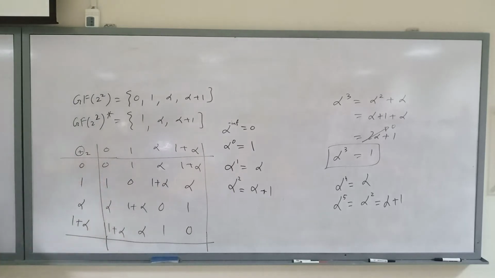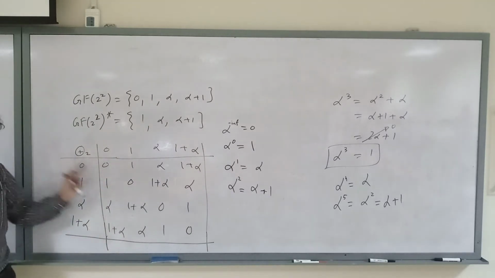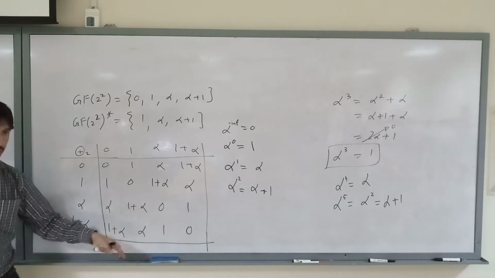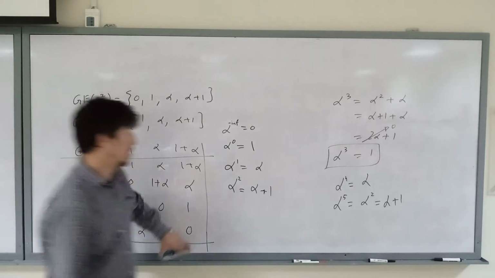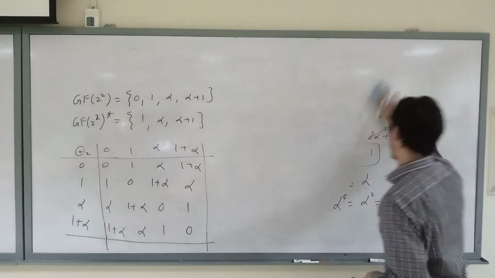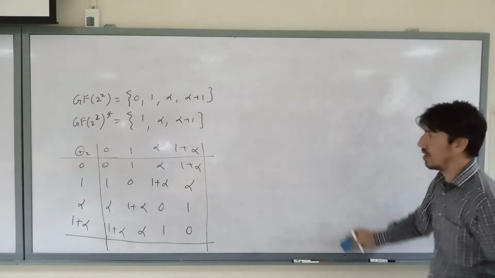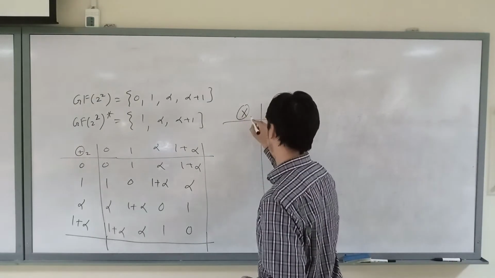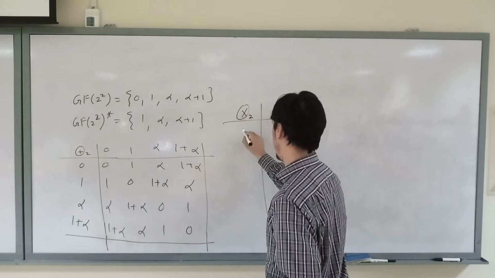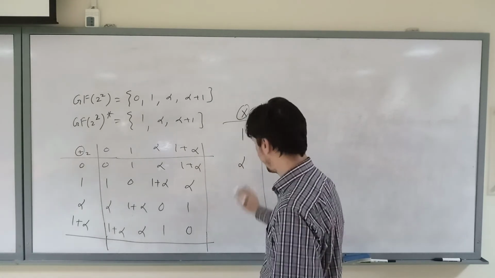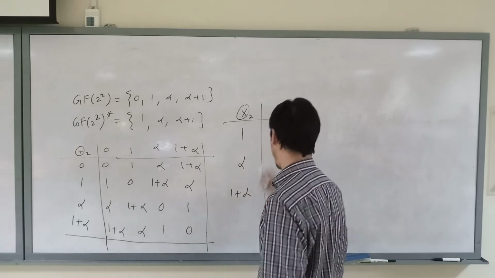You got my point? So if you can see this one along principal diagonal, there is a symmetry. It's an abelian group. Let me elaborate this with multiplication. 1 alpha, then 1 plus alpha.